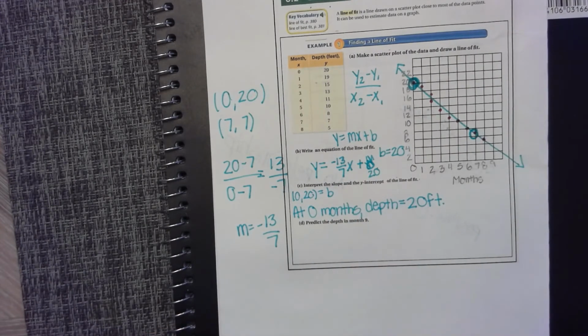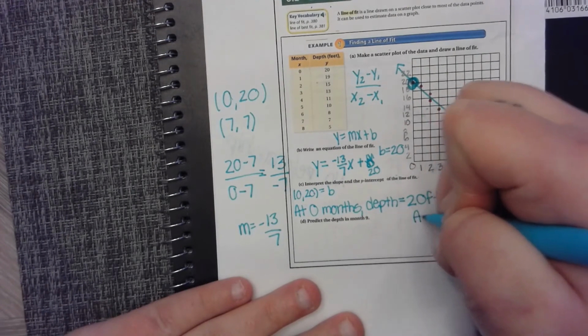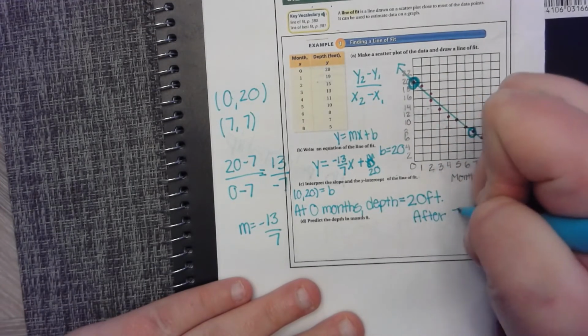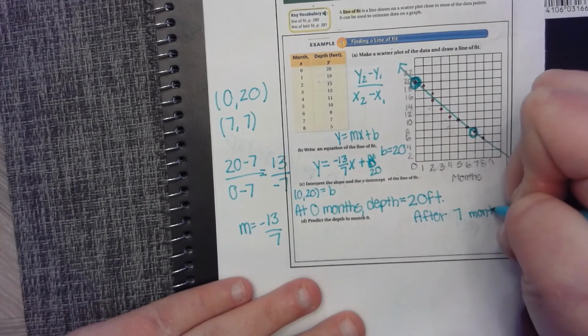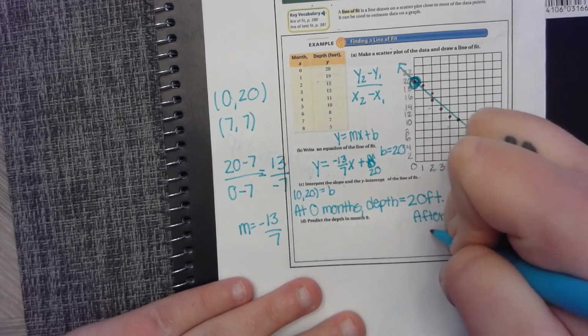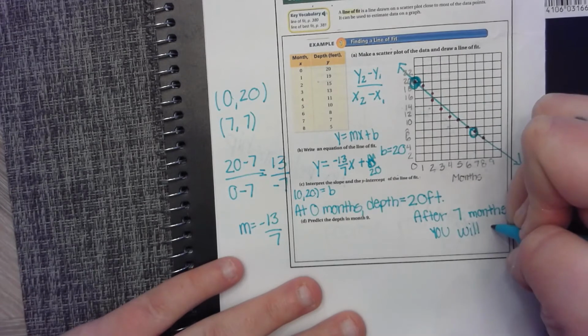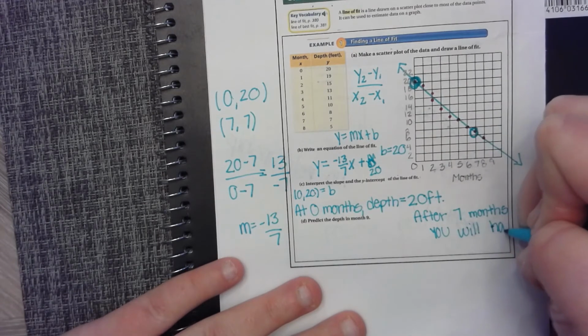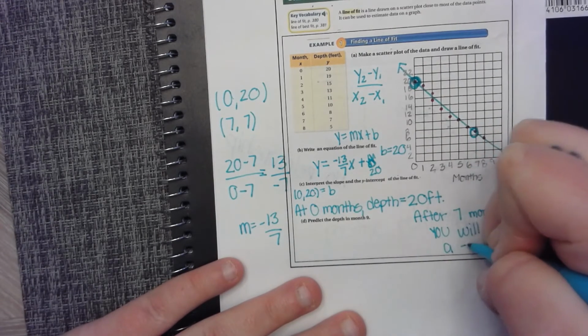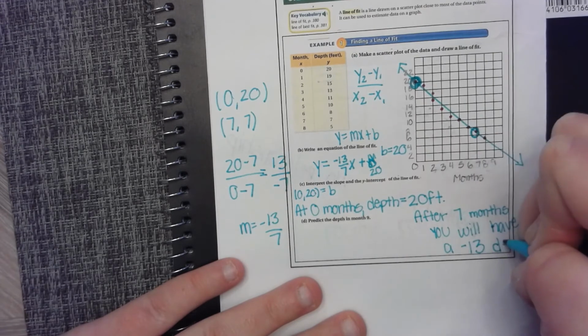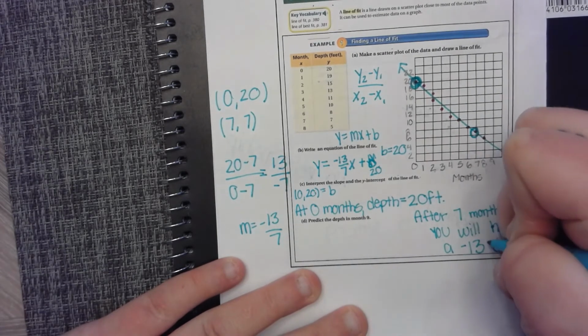So that actually makes sense. So that means after 7 months, you will have a -13 foot depth.